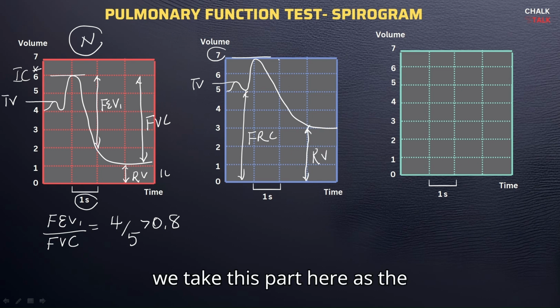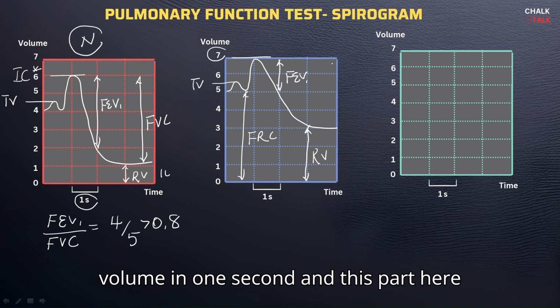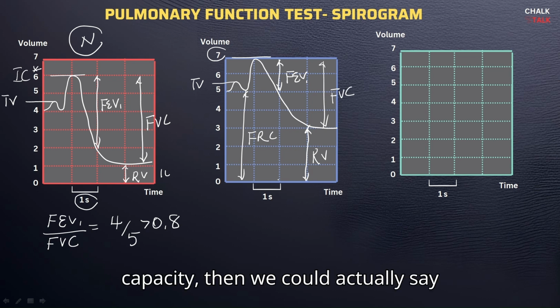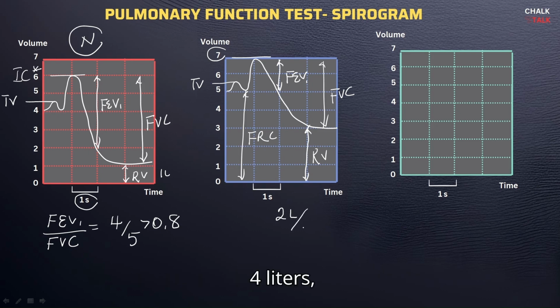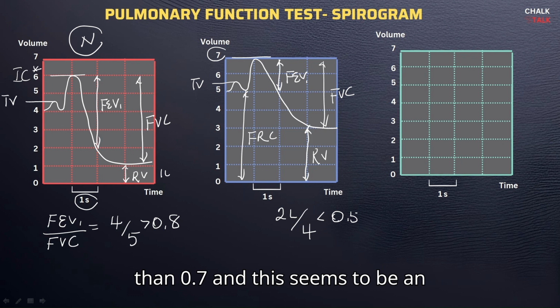So if we take this part here as the forced expiratory volume in 1 second, and this part here as the forced vital capacity, then we could actually say that we're going to have 2 liters over 4 liters, okay, which is giving us about 0.5. Obviously, this is less than 0.7, and this seems to be an obstructive pattern.